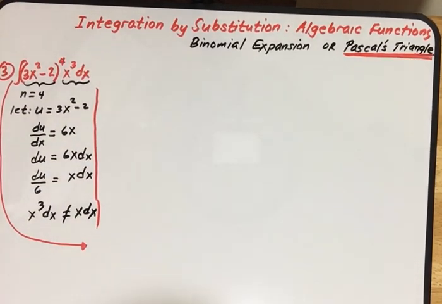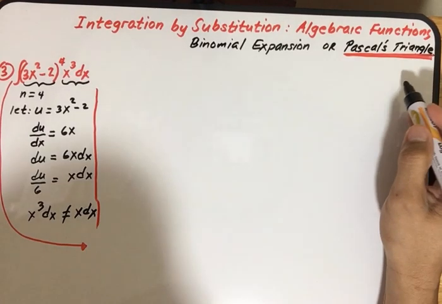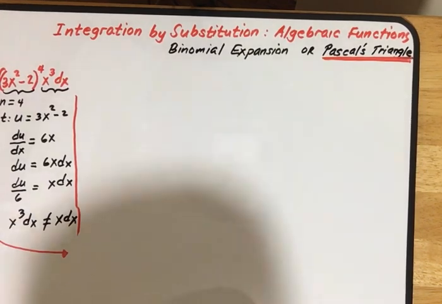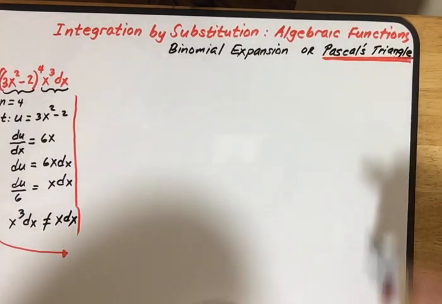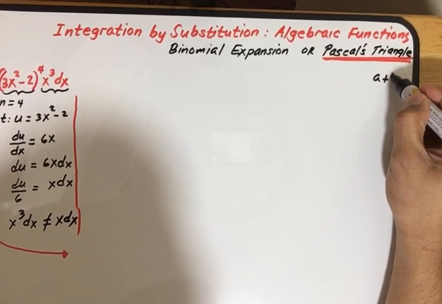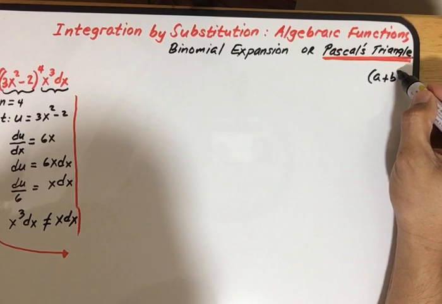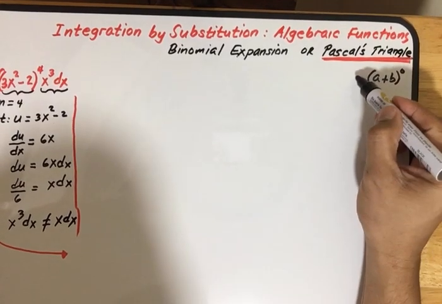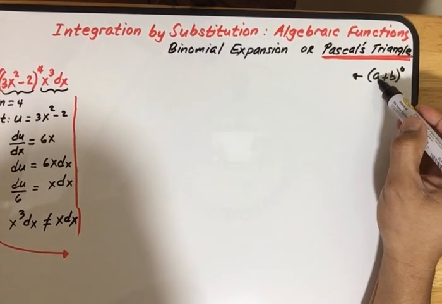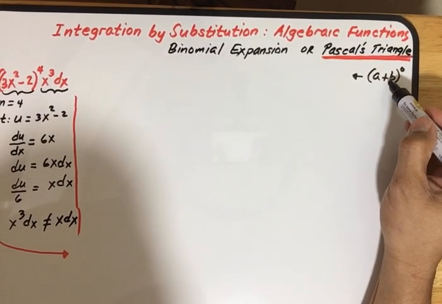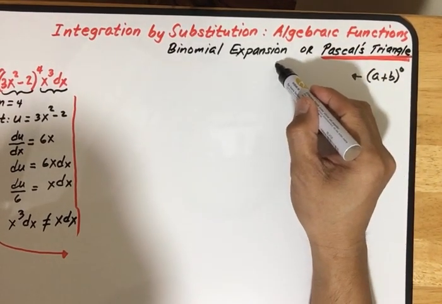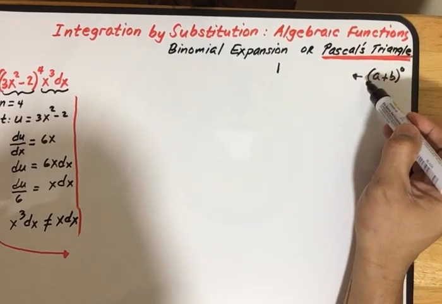In Pascal's triangle, if we are given the binomial a plus b raised to the power 0, we can rewrite this as 1, because we know that any expression or number raised to a power 0 is always equal to 1. So we write 1 here to represent this.